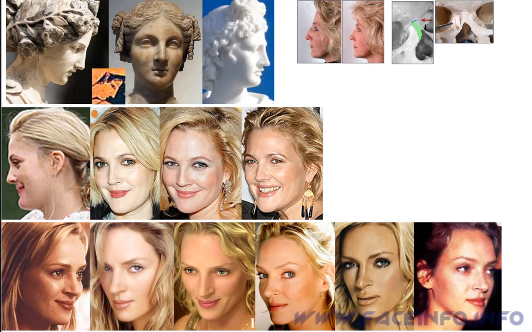But this feature is more or less spread even nowadays. Have a look at Drew Barrymore. Her forehead median gradually passes to the nasal arch, and it looks almost like a straight line. Another example is Uma Thurman. Of course, her angle between the nose and the forehead is not a straight line, but it's very close to the Greek ideal.